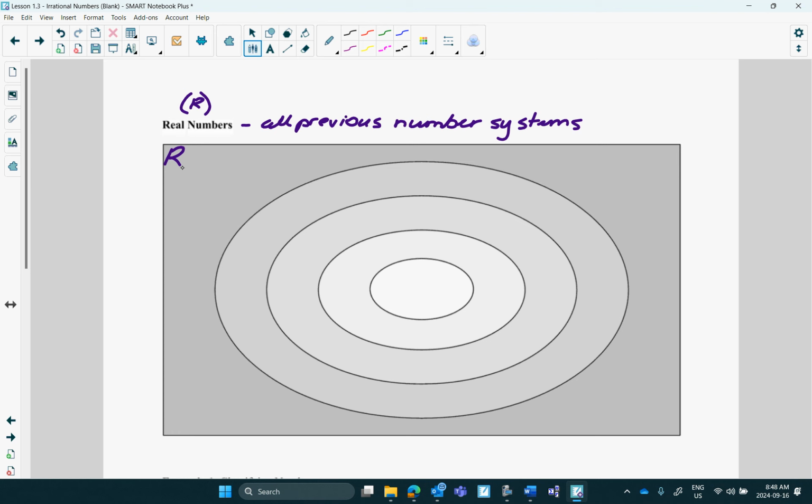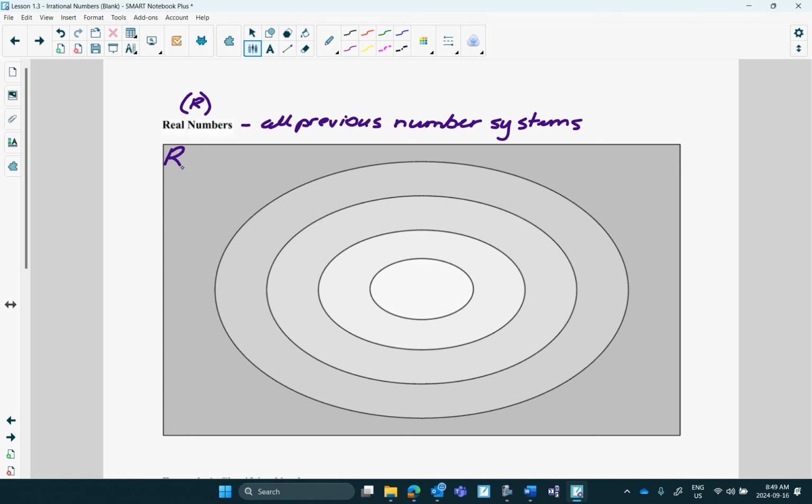So let me ask you a few questions from the previous page. Is every whole number a natural number?